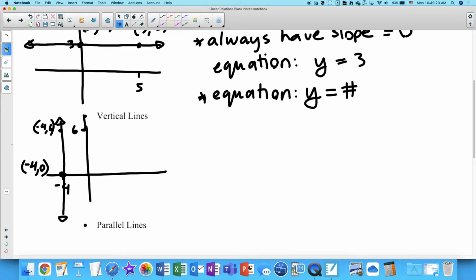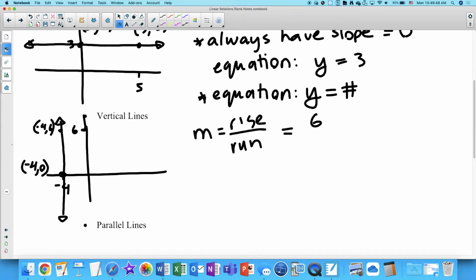Okay, so if I try to find the slope here, maybe this time I can use rise over run, because what I really want you guys to see is that those are interchangeable, right? And you can use either one. Well, going from this point to this point, what is my rise? 6. What's my run?